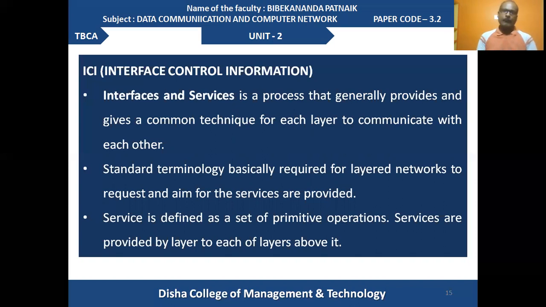As I said earlier, there are 4 primitive operations, that is request, indication, response, and confirmation. These primitive operations are completely based on service primitives. The services are provided by layers to each of the layers above it. So the communication from one layer to another layer has different service primitives.